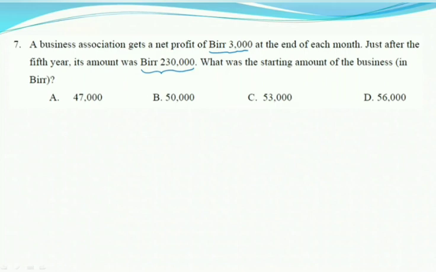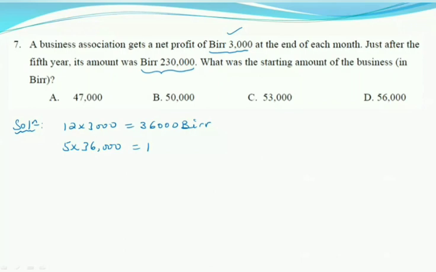So what was the initial amount of the business? To know this: earning 3,000 every month means they are earning 12 times 3,000 every year, which is 36,000 birr net profit.